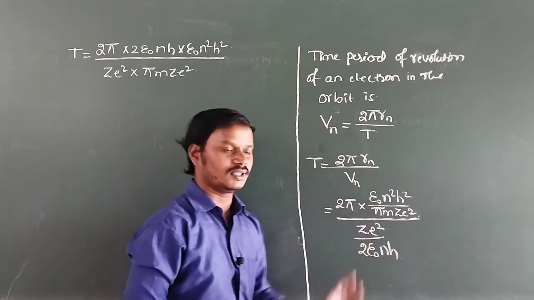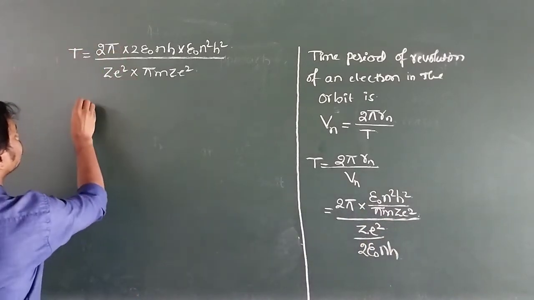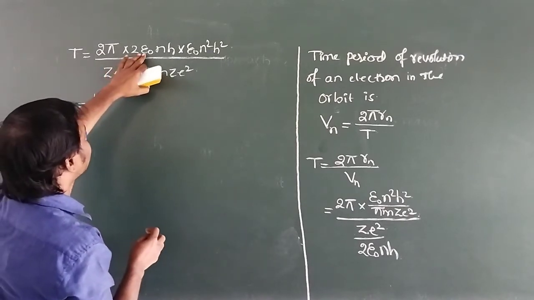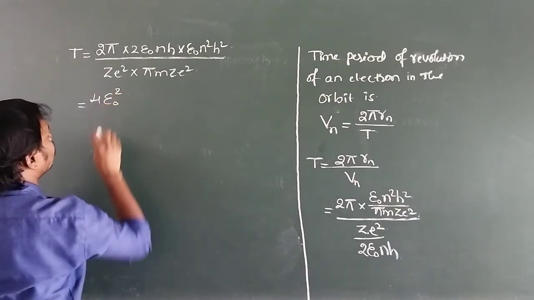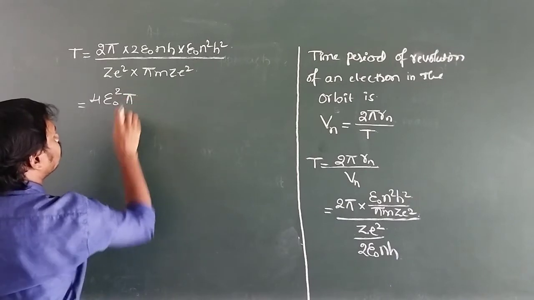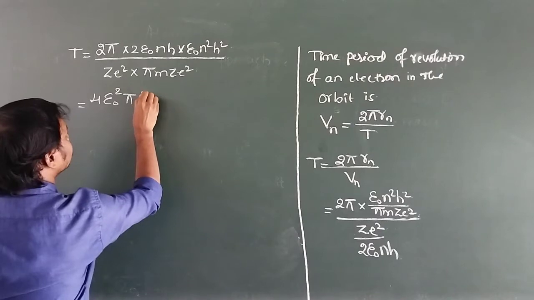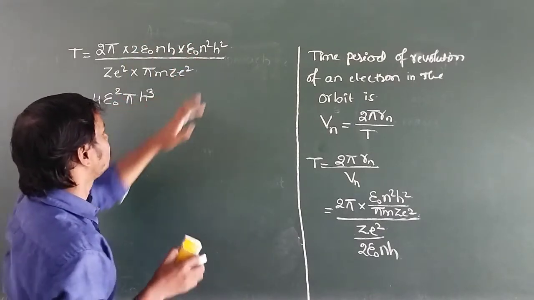Now see here, 2 into 2 is 4, then epsilon naught into epsilon naught square, next pi, then h into h square that is h cube, then n into n square that is n cube.